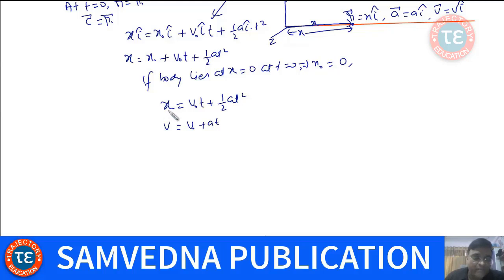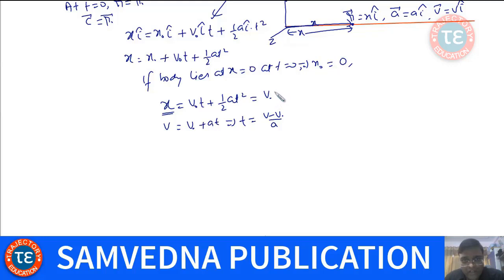So this is the distance traveled by the time t. After time t, the distance traveled is x. At t equal to 0, x was 0. So after time t, the distance traveled is this, right? And we can write x in terms of v also. See, from here you get t equals v minus v naught by a.